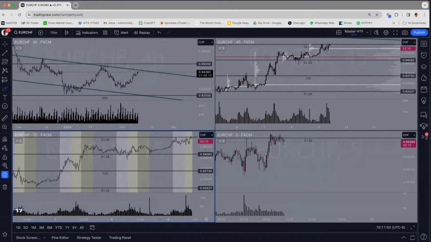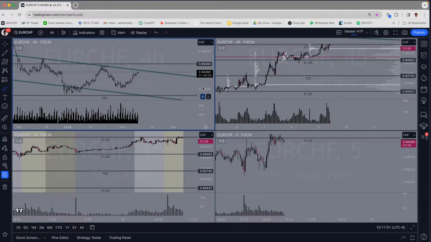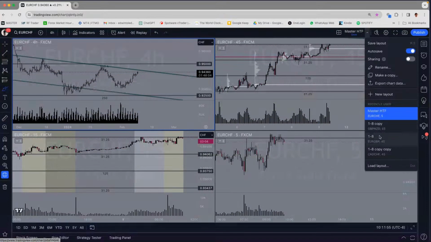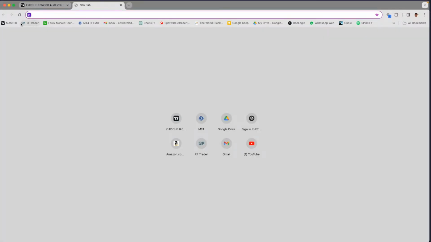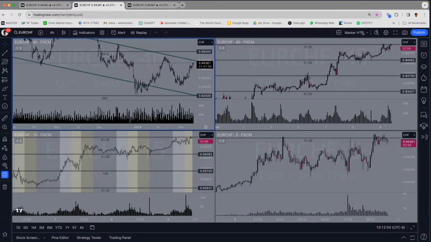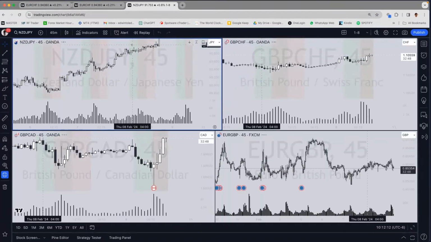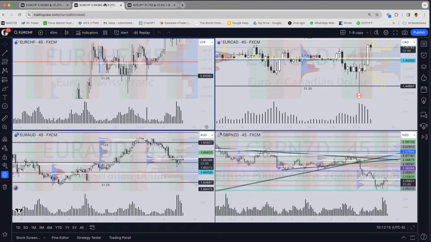How can we do it so it's not a mess? I was doing it yesterday with these ones. So we will open here something that is called 1/8 copy, and then we will open the 1/8. No, but I don't like this one.